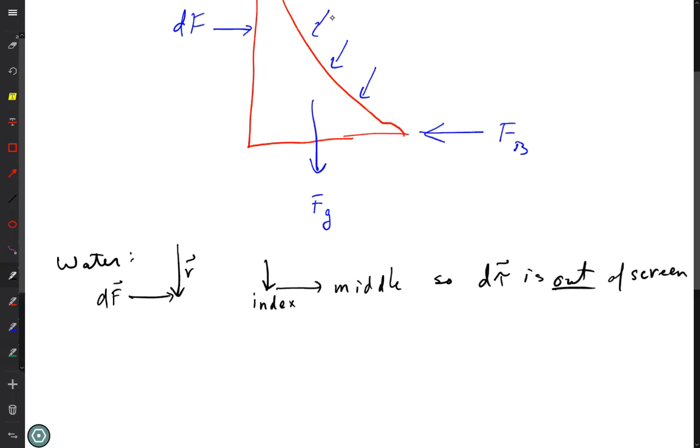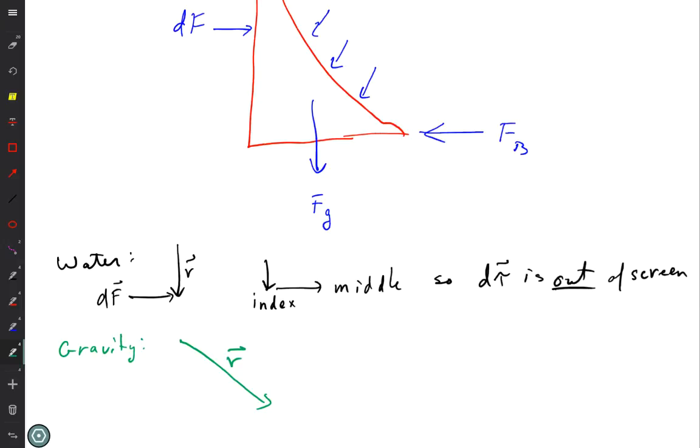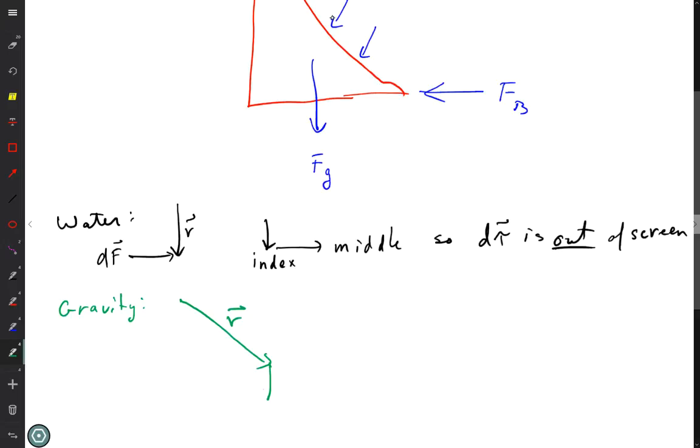Then let's go to gravity. So now for the gravity, my R vector is something like this, right? It's at an angle. And my force is down. And so now I take my same right hand and I put my index finger like that, middle finger like that.